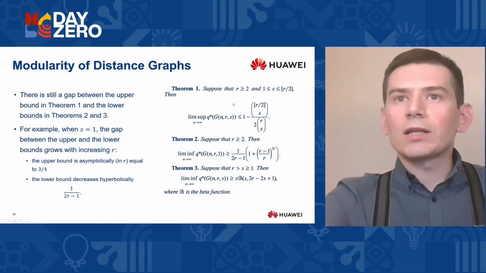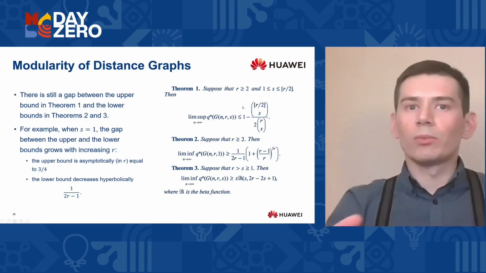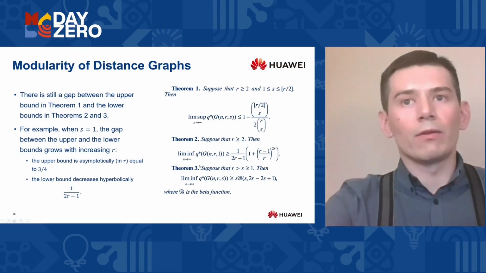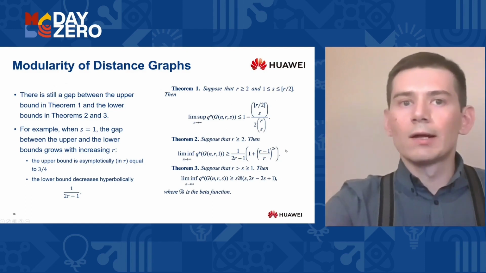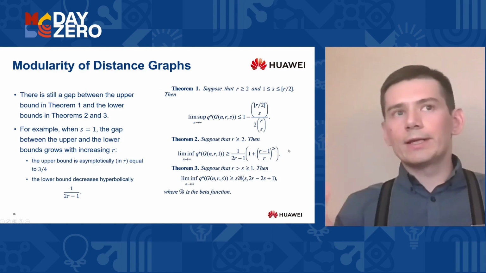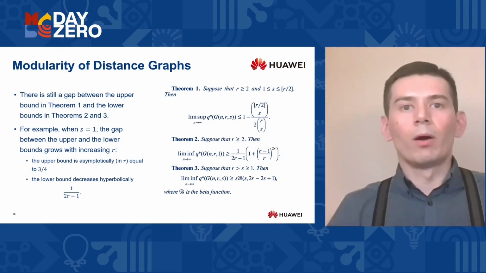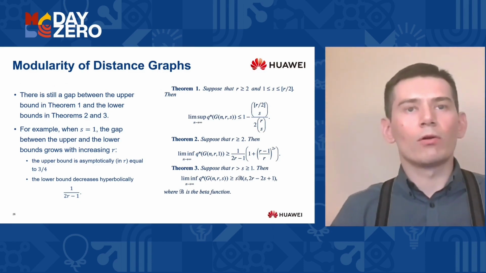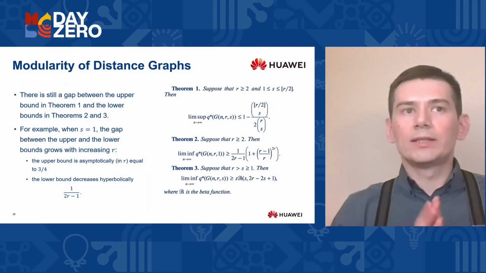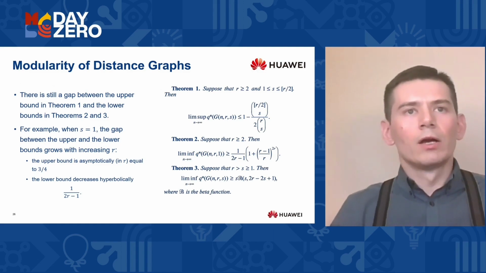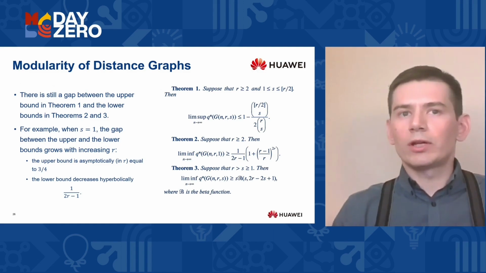Theorem 1 gives us an upper bound on the maximal possible modularity for a given graph, and theorems 2 and 3 give us lower bounds. So as you can see, there is still a theoretical gap between the upper bound in theorem 1 and the lower bounds in theorems 2 and 3. For example, when S equals 1, the gap between the upper and lower bounds grows with increasing R. The upper bound is asymptotically equal to 3/4.